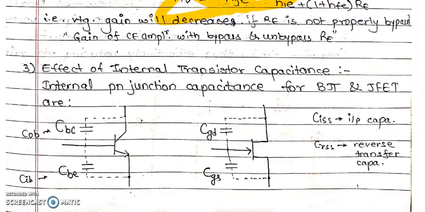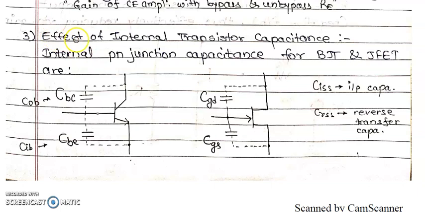Now the third factor is the effect of internal transistor capacitances. Every device has internal PN junction capacitance, meaning BJT, JFET and MOSFET have internal capacitors. Here the internal capacitances are represented for BJT and MOSFET. For the BJT, this is the base, this is the collector, and this one is the emitter terminal.